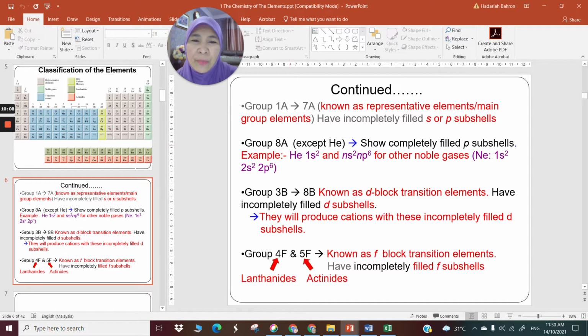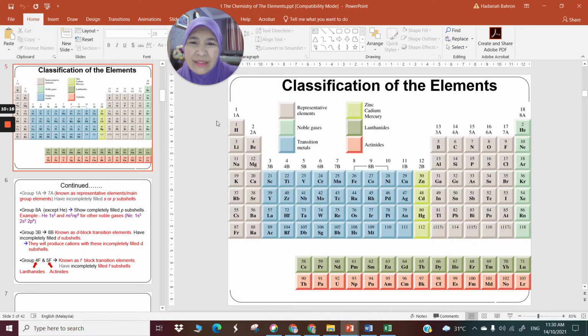Group 8A, except for helium here, this is your 8. This is 1A, 2A, 3, 4, 5, 6, and 7. Those are your representative elements. And then your 8A are the noble gases.